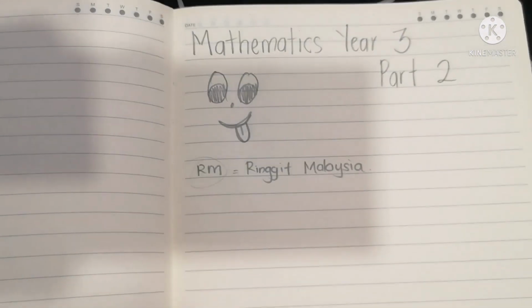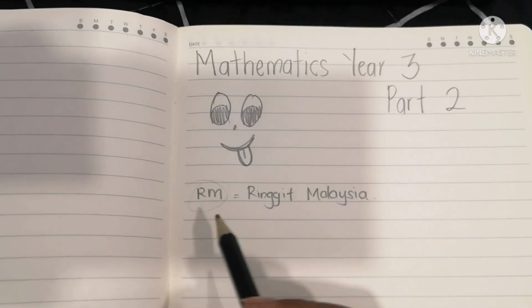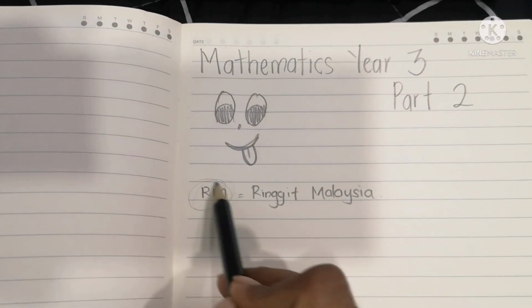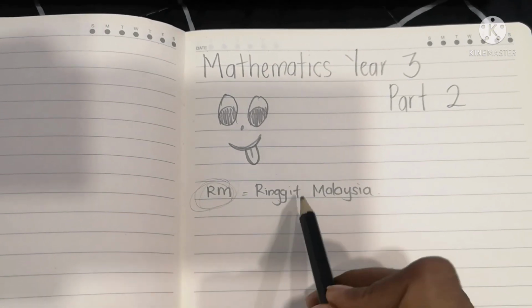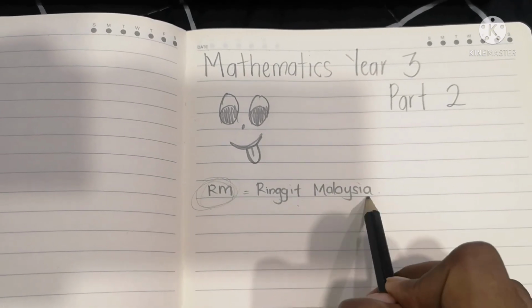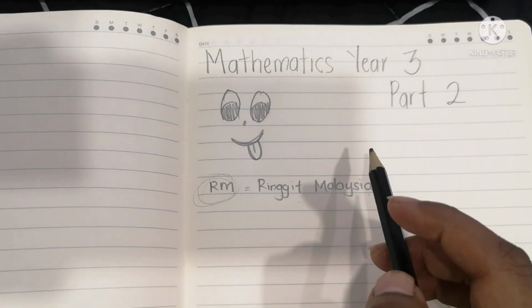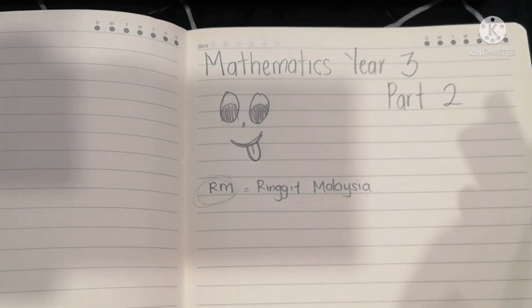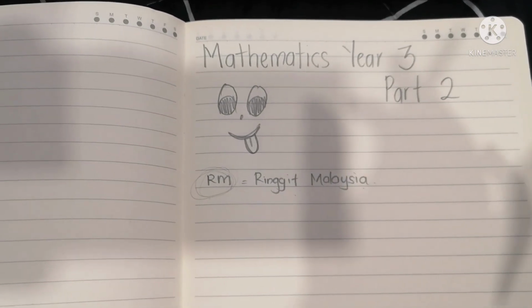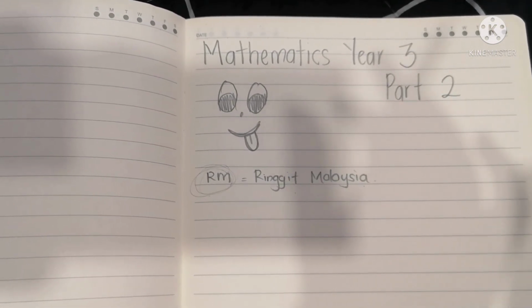Different money value, okay? So in Malaysia, we will call it RM. We will write it as RM, which means Ringgit Malaysia. You can Google how other countries pronounce their money, how other countries call the money.